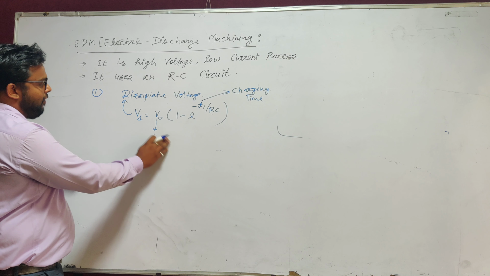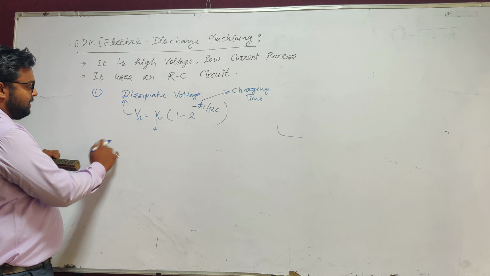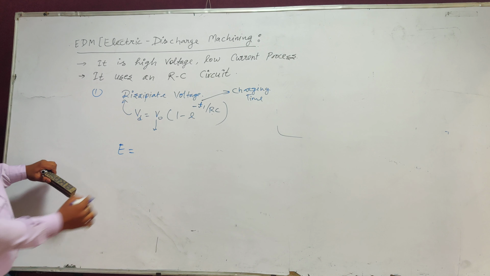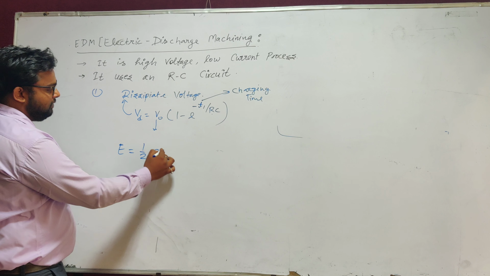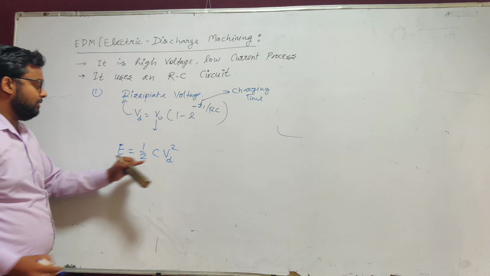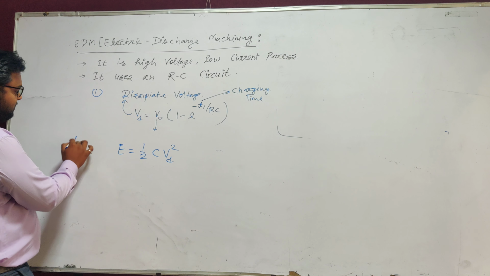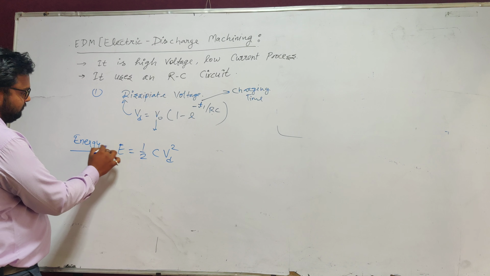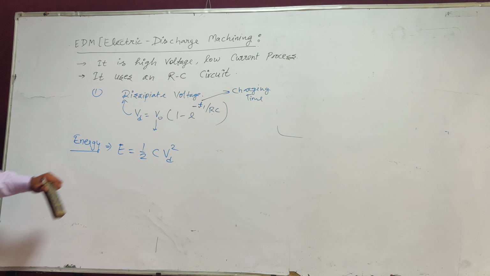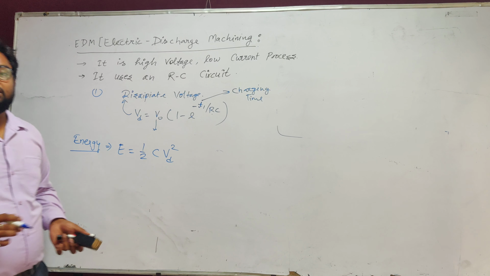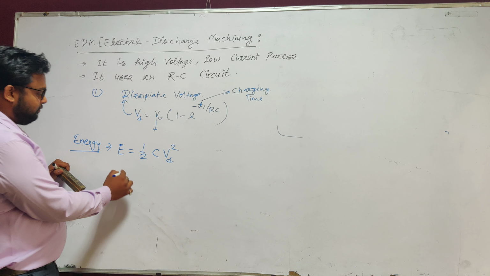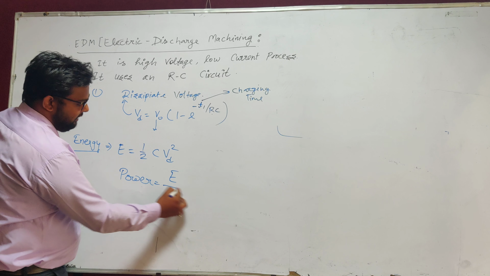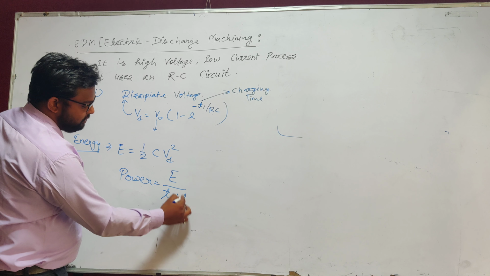And to find the energy, we use the formula E equals 1 upon 2 C VD square. C is the same capacitance, E is energy. And the next term is power. Power is equal to energy divided by time, T1 plus T2.